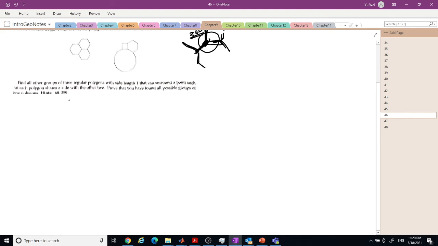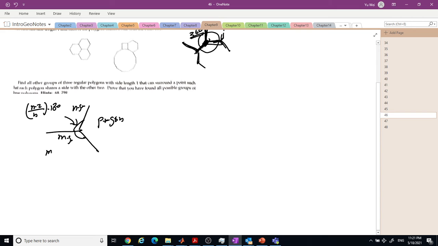So let's assume these are 3 polygons. Let's assume we have an m-gon first, the second one is an n-gon, and this one is a p-gon. Now we know the angle of a regular n-gon is (n minus 2) divided by n times 180, right?